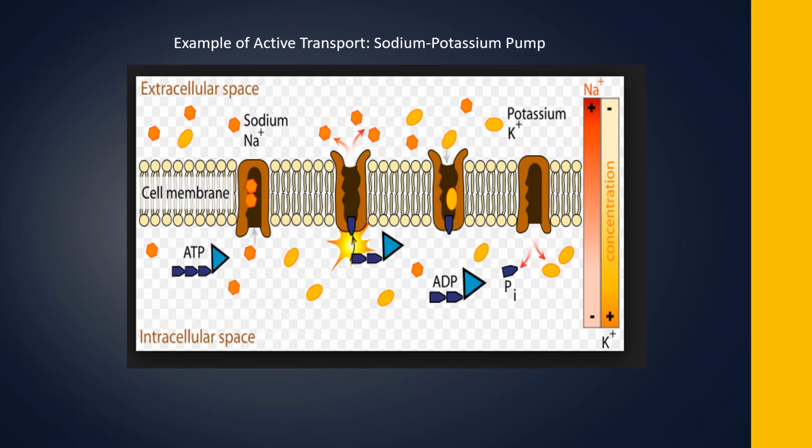The pump uses the energy to transport 3 sodium ions out of the cell while moving 2 potassium ions into the cell. The high level of sodium on the outside of the cell creates a concentration gradient. Look into the illustration and follow the different steps to see the action of the sodium-potassium ATPase pump.